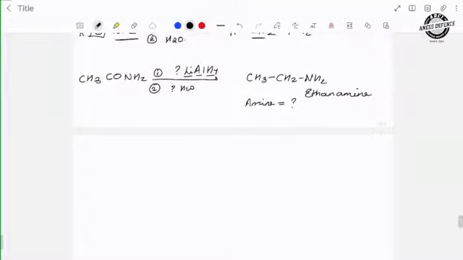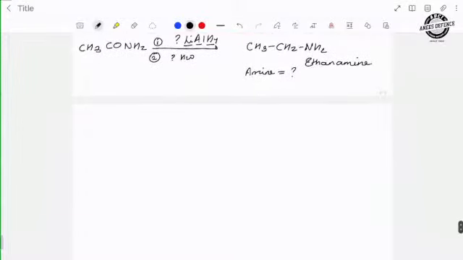Next is a name reaction. The third name reaction which we are going to study is the Hoffman bromamide degradation reaction.